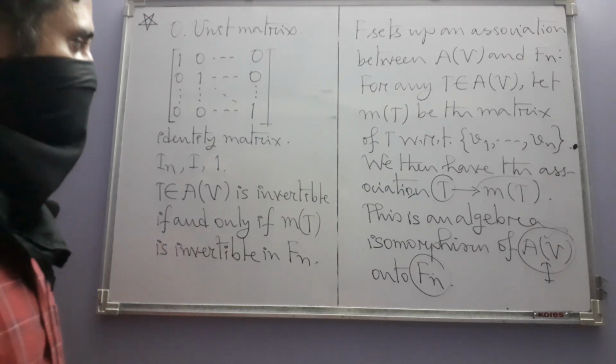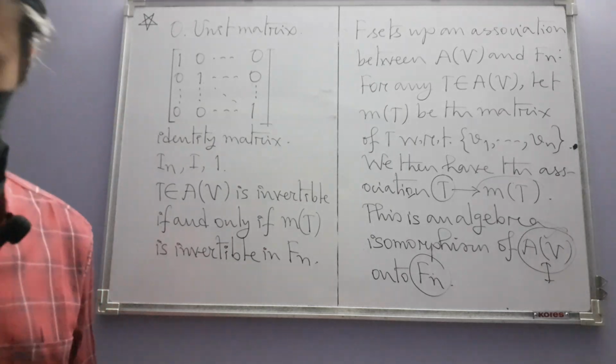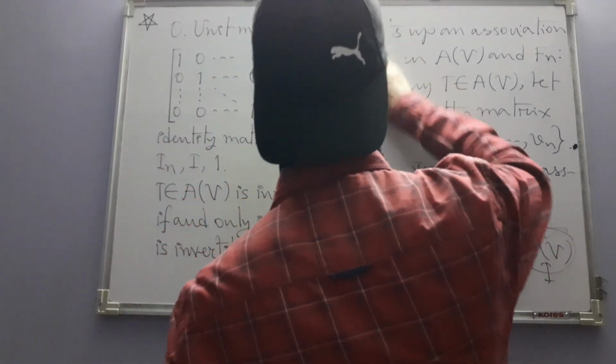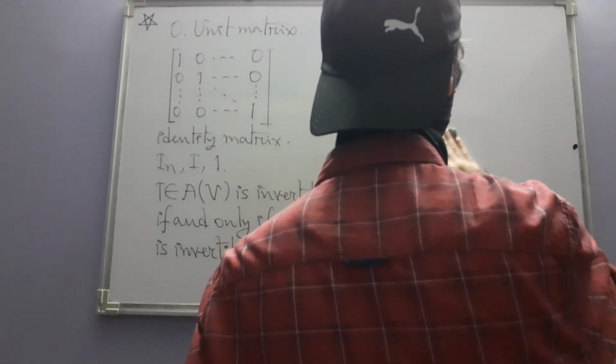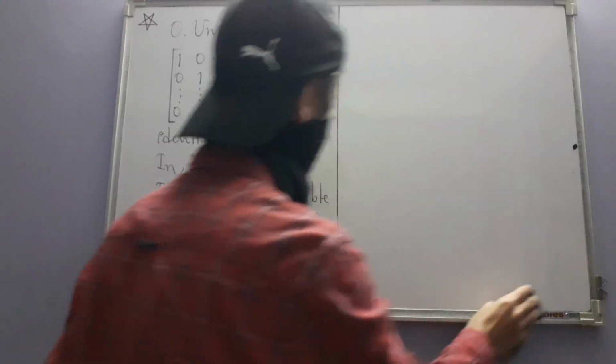Oh, there is one more thing that we forgot to say. If you still follow the association and see one last thing, you can consider scalar multiples of the identity operator.